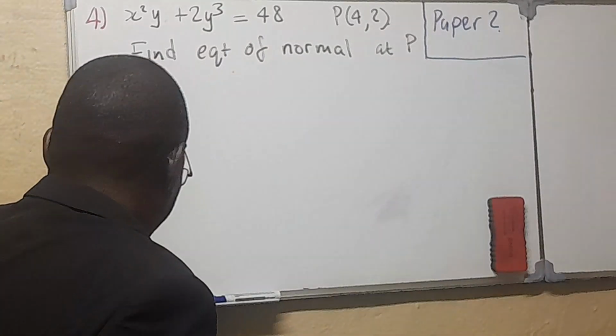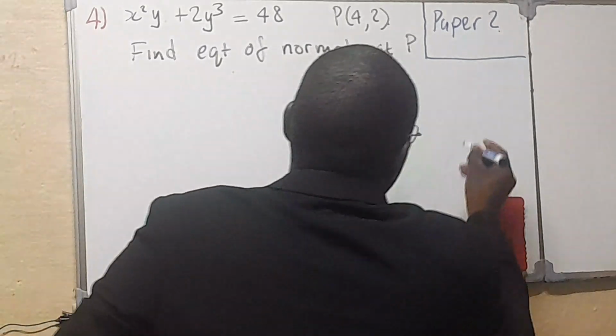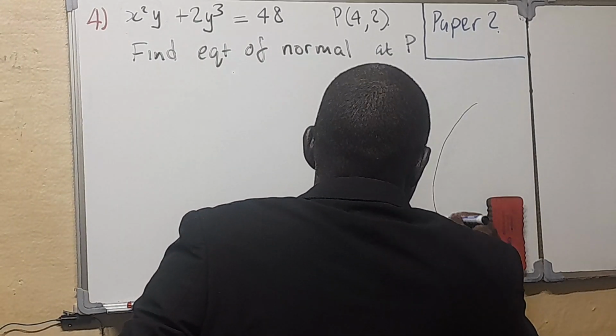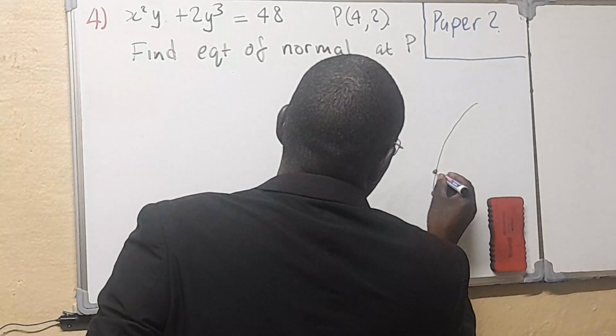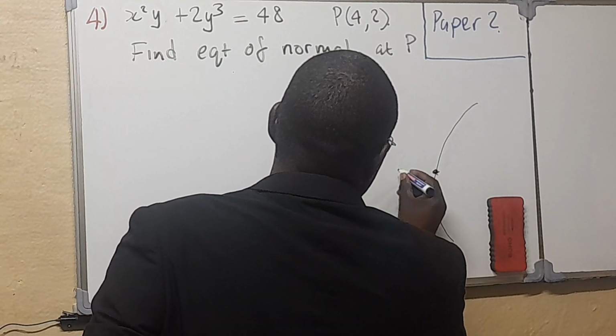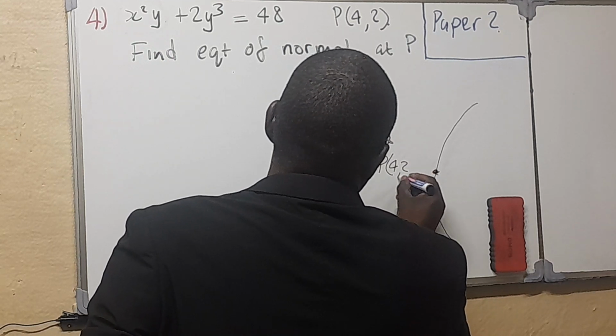Now let us imagine the curve to be roughly like this. There's our curve there, okay? And let us imagine also that this is our point P with coordinates (4, 2).